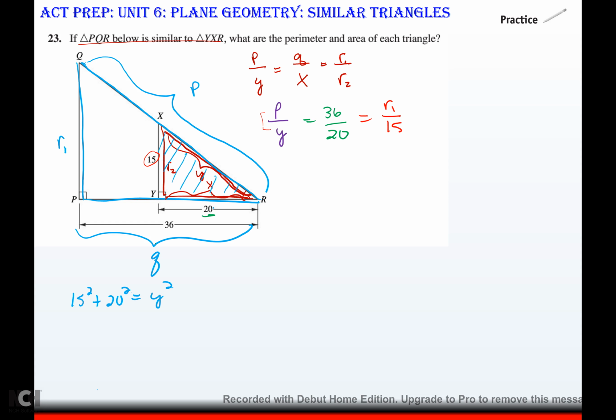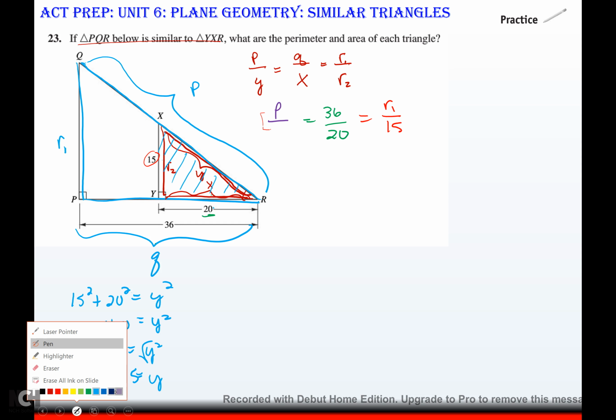So I have 15 squared is 225 plus 20 squared is 400 equals y squared. So y squared equals 625, square root, and little y equals 25. So now I know little y is 25.